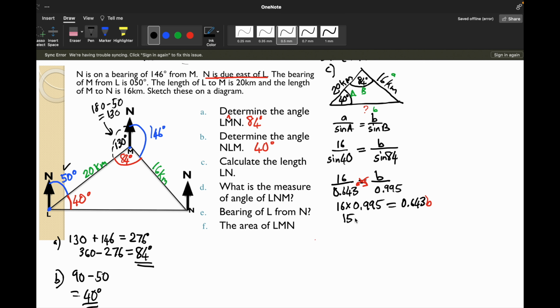So that's 15.92, equal to 0.643 B. All right, so divide both sides by 0.643, and the answer is 24.76. Okay, so 24.76 kilometers.